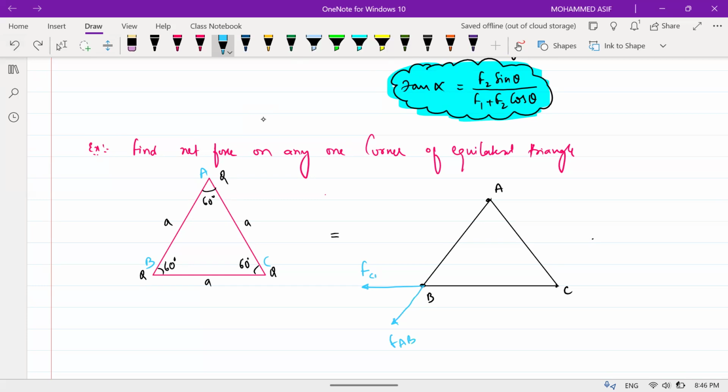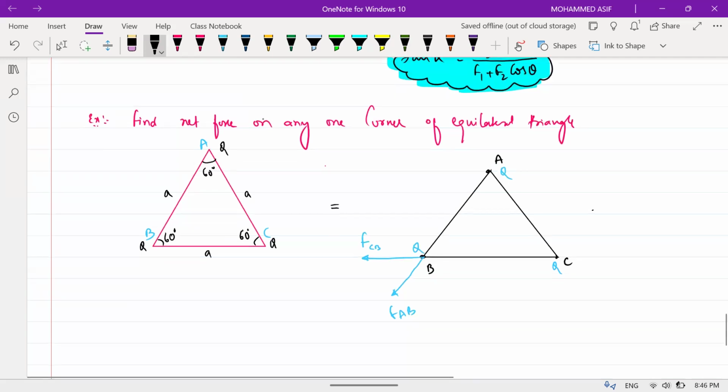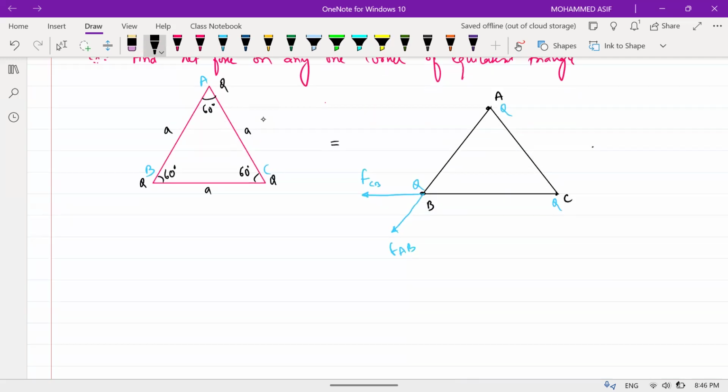Whatever corner you are taking, beta, that should be the reference. On that corner, you see how the remaining charges are exerting the force. So now here there is a charge Q, here there is a charge Q, and here there is a charge Q. Now tell me what will be the force between A and B. Force between A and B will be equal to 1 by 4 pi epsilon naught, Q1 is Q, Q2 is also Q, distance between them is A square.